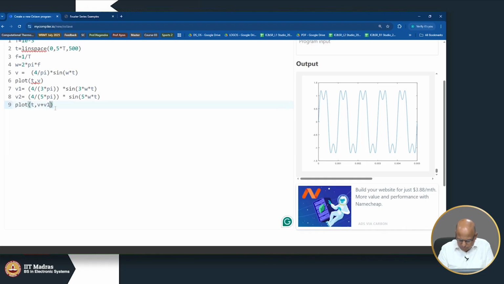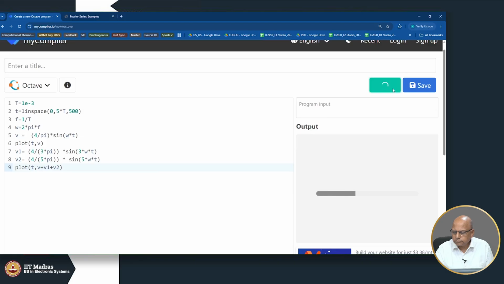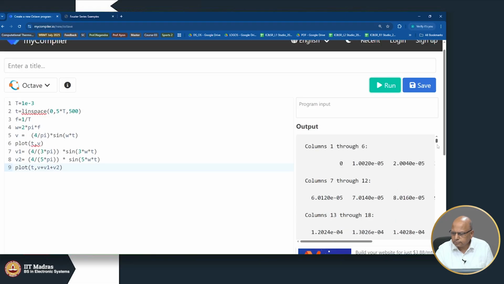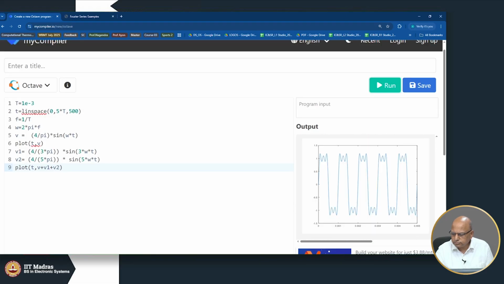V1 plus V2. Okay. So, if you run this now, you will see it is going to look a little bit more like a square wave. Okay. So, if I add more and more of this, this is the third harmonic, this is the fifth harmonic, then I can add the seventh, ninth, etc., all the odd harmonics.